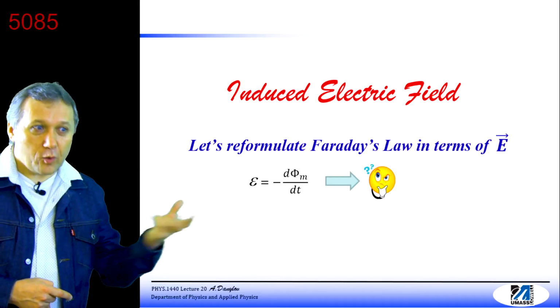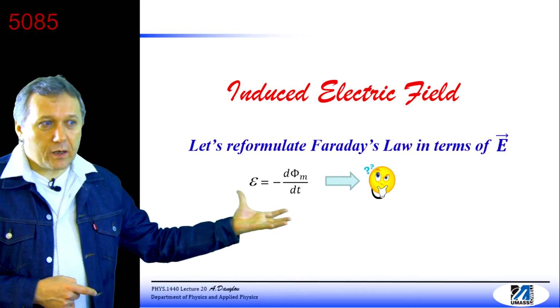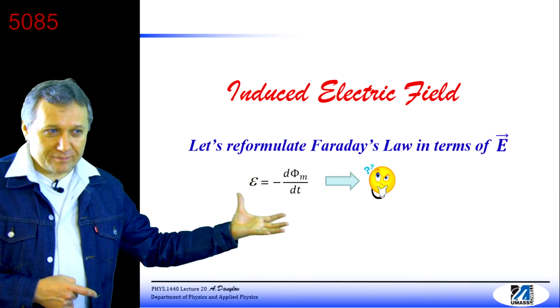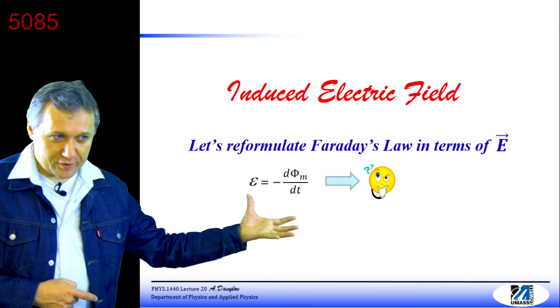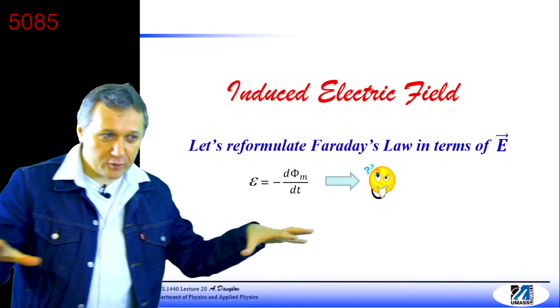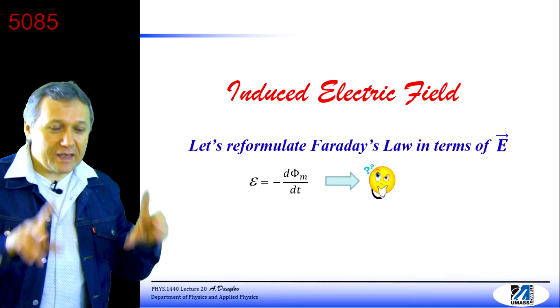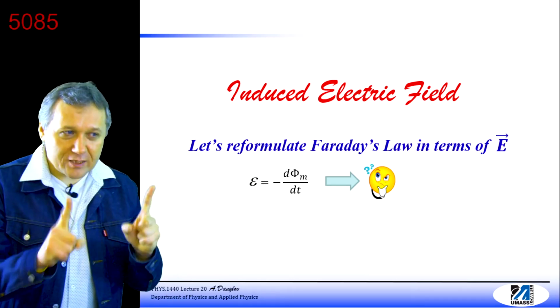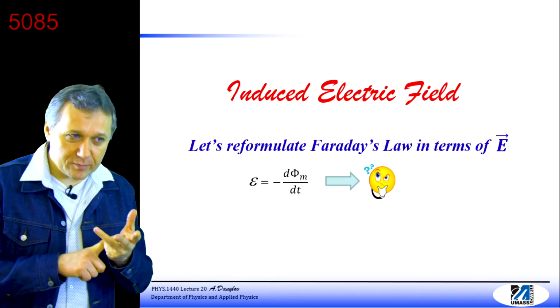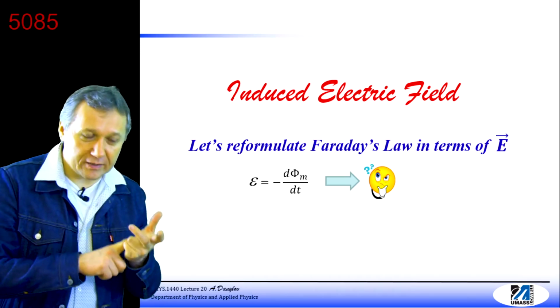Also, this is one of the equations in the set of Maxwell's equations. So basically, this equation forms a foundation of electromagnetism. And a foundation must be written in terms of fundamental quantities, in terms of electric and magnetic field.